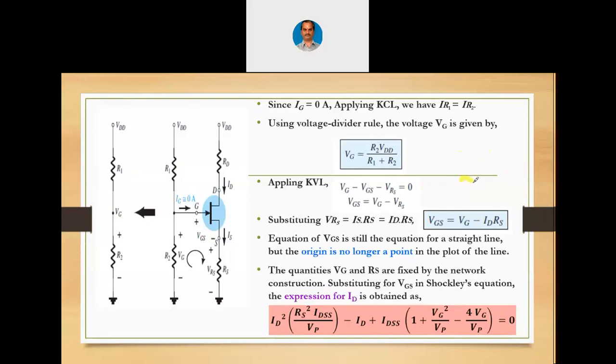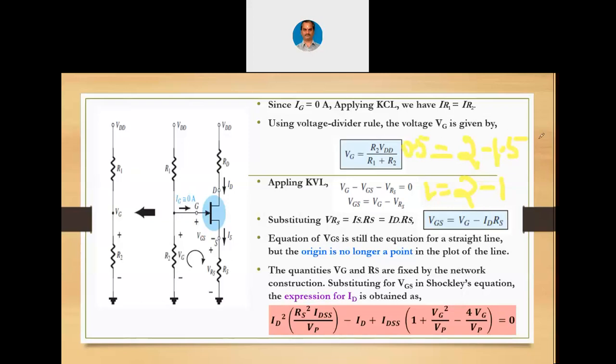Now let us say Vg is 2 volts and this is 1 volt and this is now 1 volt. 2 minus 1 is 1. Now let us say Vg remains 2 and the product of ID into Rs is going to become 1.5. So now naturally Vgs is going to become 0.5.